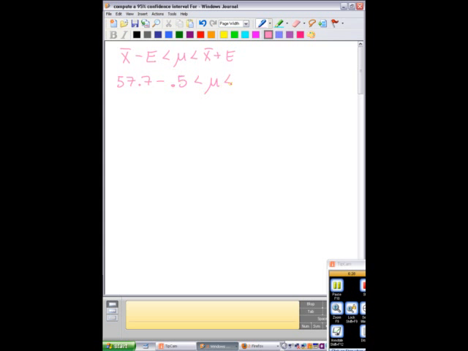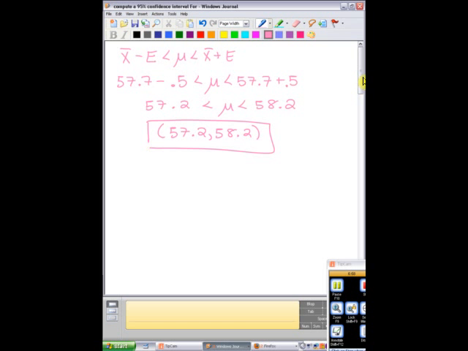So on the left, we would have 57.2 less than mu. On the right-hand side, we would have 57.7 plus 0.5, which is 58.2. If we wrote it using parentheses, our final answer would be 57.2 on the left-hand side, 58.2 on the right-hand side. That would be our confidence interval for 90%.